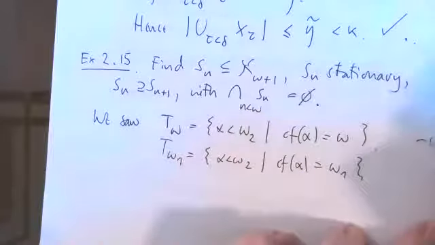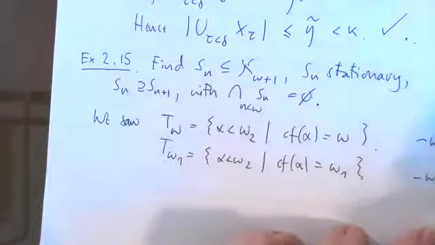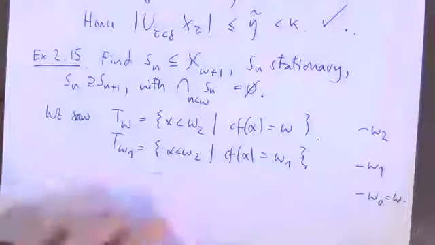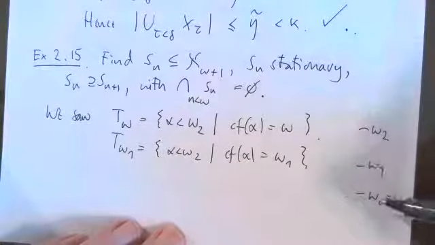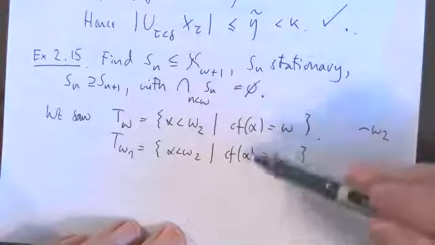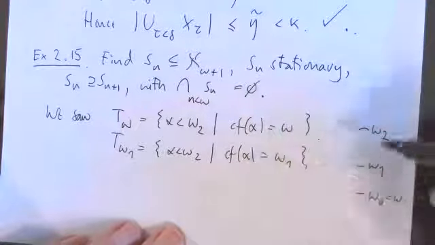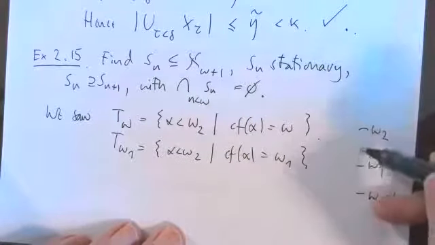Now, here at omega 2, here's omega 1, and here's omega 0. So below omega 2, there are two regular cardinals. Cofinality is always regular cardinals. So below omega 2, I've got two possibilities.